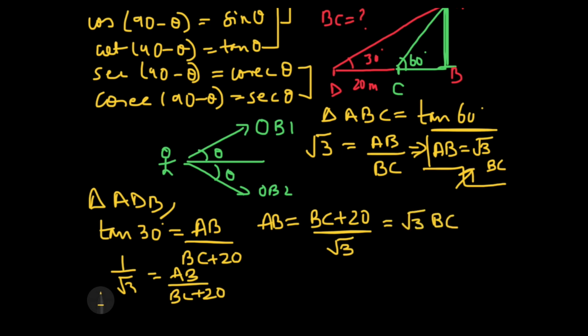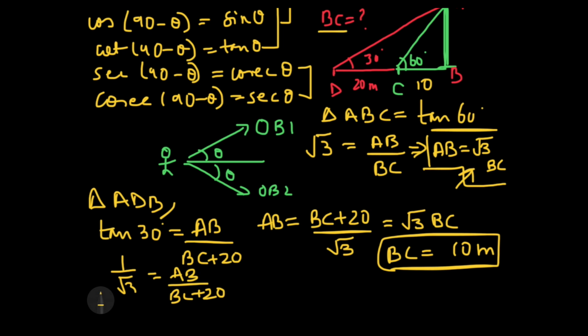Using this, I can find out the value of BC first, and on further calculation it will come out to be 20 by 2, that is 10. So 10 meters is the distance between these two points. So I got the first answer for myself, 10.